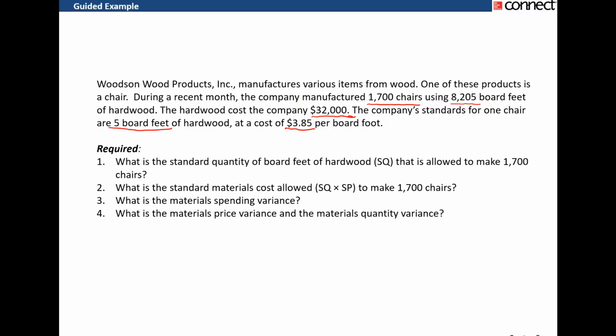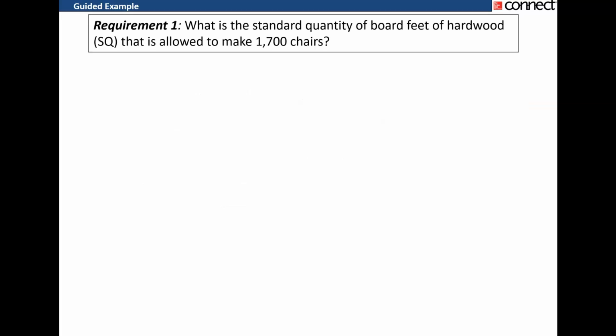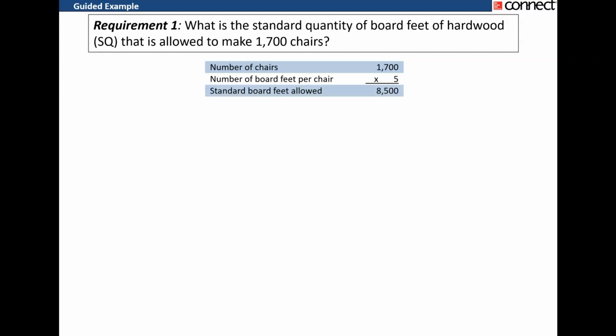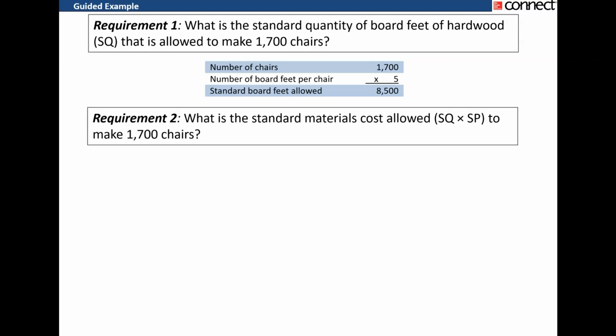Okay, the first question that we want to answer is, what is the standard quantity of board feet of hardwood that is allowed for 1,700 chairs? The number of chairs that they made were 1,700. They should have used 5 feet per chair, which is a total of 8,500 board feet.